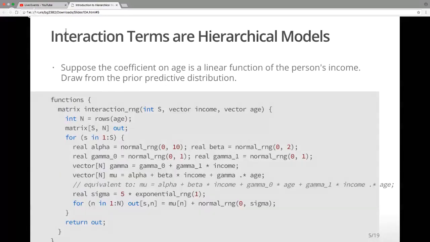So that is gamma 1, and it leads people to basically car crashes in their mind of thinking, well, gamma 1 is the expected difference in the outcome between two people that have the same income and age, but they differ by 1 on the product of income and age.